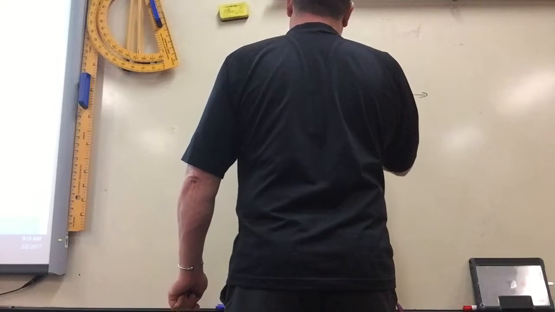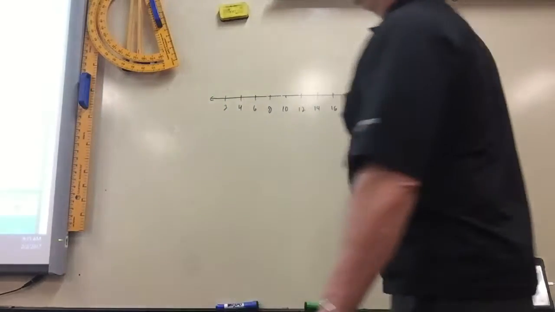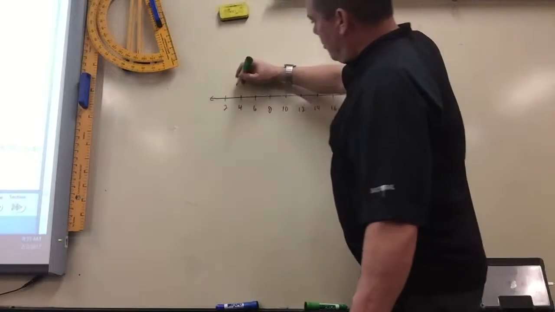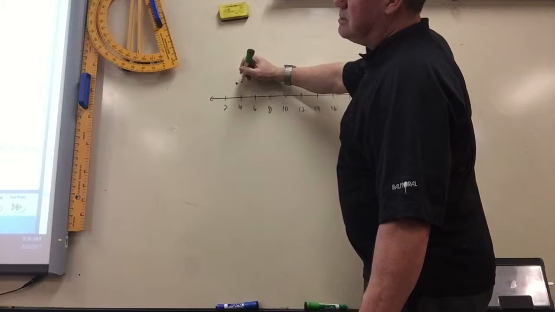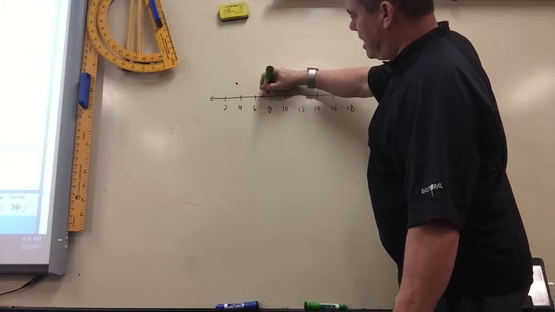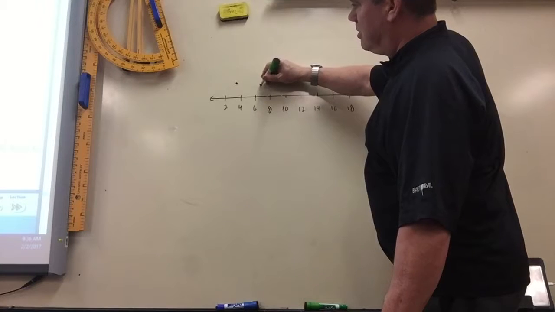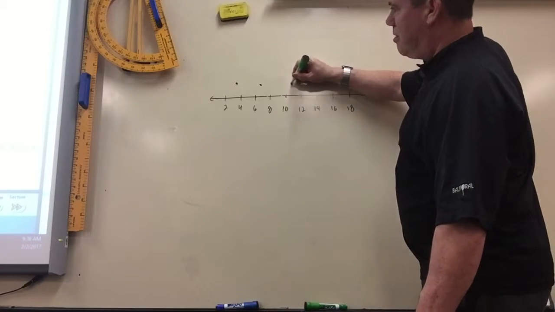Okay, so 3.5 would be right about there. 6.95. Here's 6, 7, so it'd be right about there. 10.85 would be right about there.